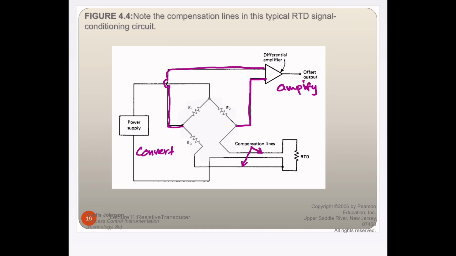This is because the wire here also has a load resistance. In order to compensate that load resistance, we need to have compensation lines, which means the same wires will have the same resistance. Therefore, with the correct configuration, we will be able to compensate for the resistance due to the load in the wire.